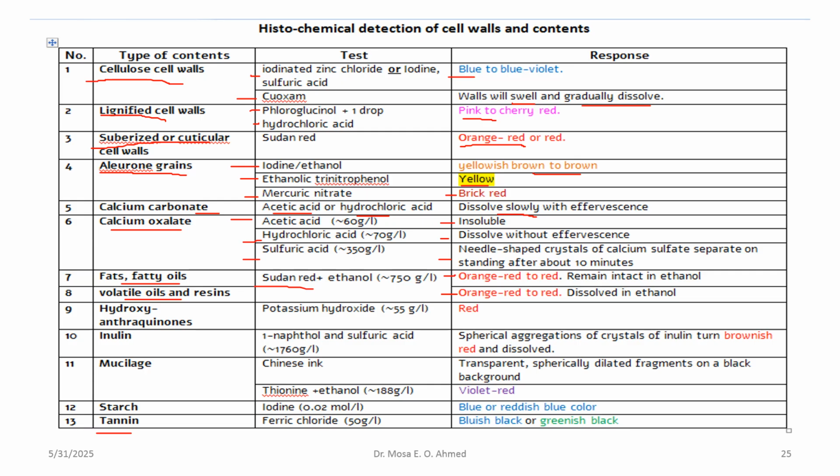With fixed oil, the color remains intact when we add ethanol, but it dissolves on addition of ethanol if the sample contains volatile oil or resins, because ethanol dissolves volatile oil but does not dissolve fixed oil.